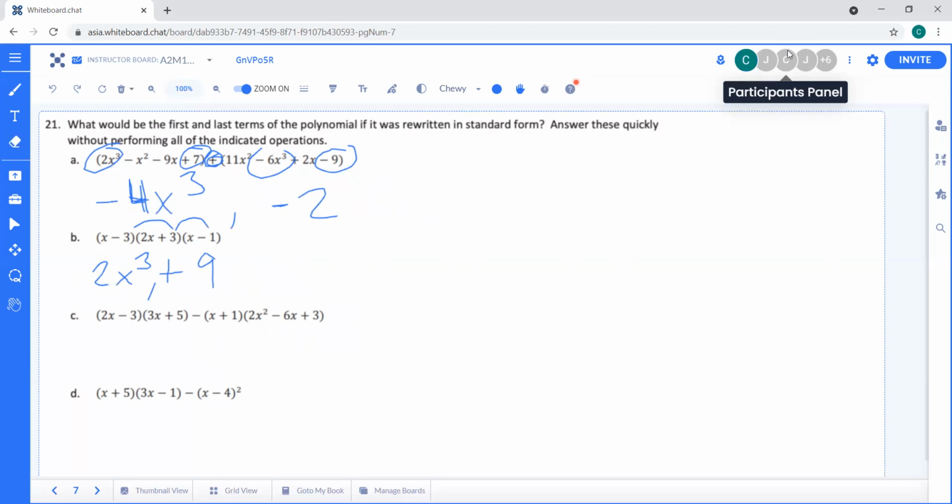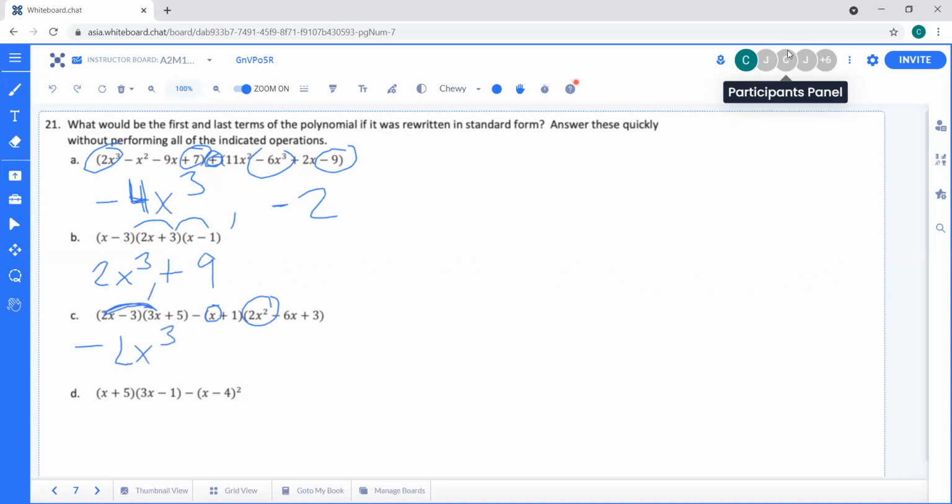This one's going to be a little bit more difficult because we're going to have multiple steps. But I do know that this will be my highest term. I'll have a negative 2x cubed because these are just going to be squared.